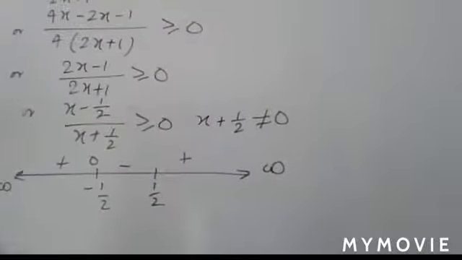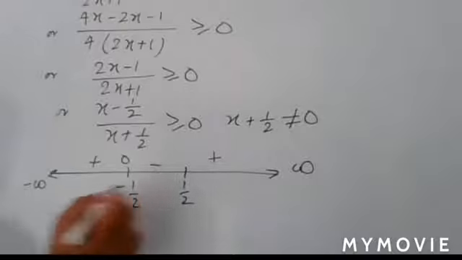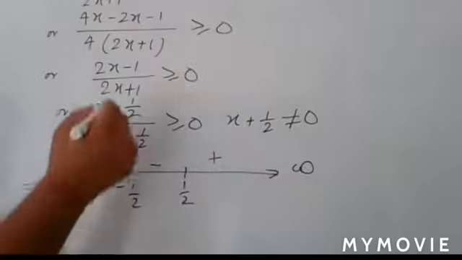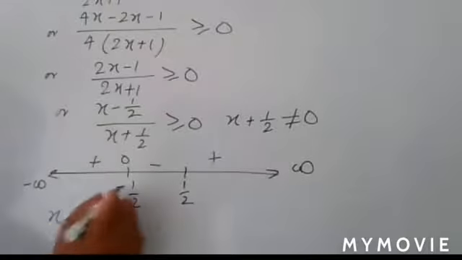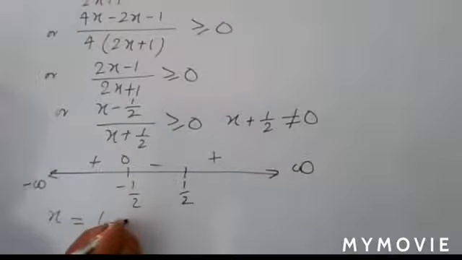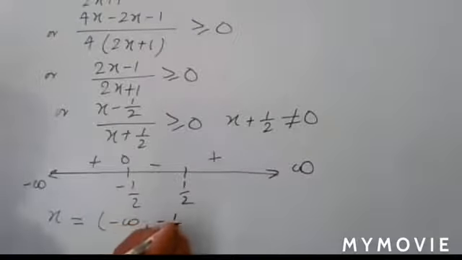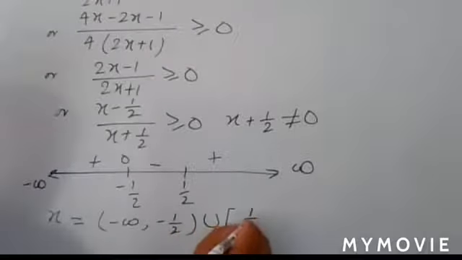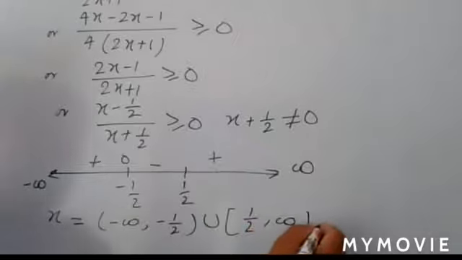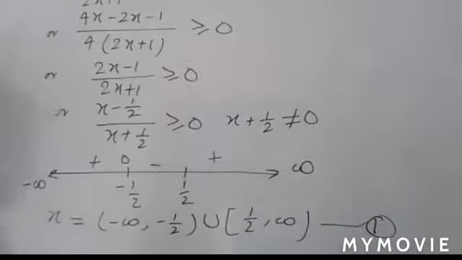So the value of x from the first one can be written as x is equal to minus infinite to minus 1 by 2 union 1 by 2 to infinite. That is your first equation. Note it.